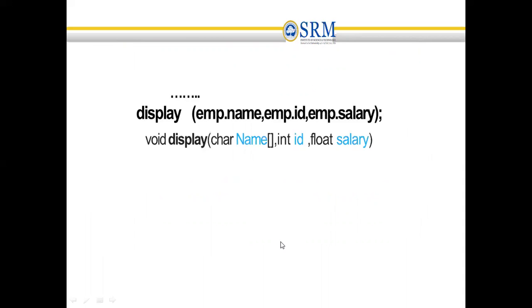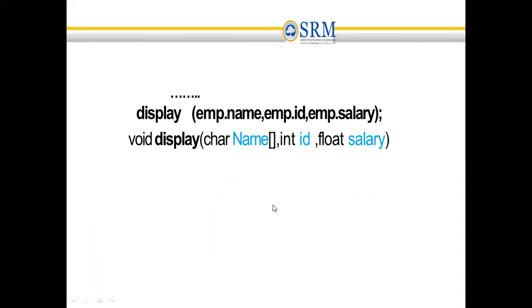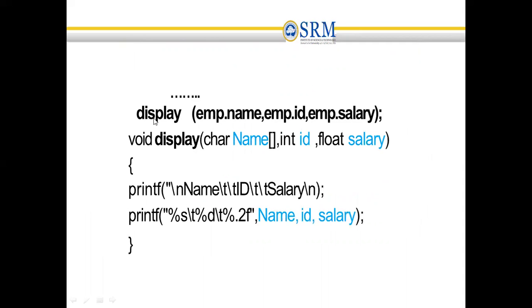This is the way you have to call your function: display, m.name. M is the structure instance name and you are passing three arguments separately. At times you may pass only one member or two members or all the members at a time.